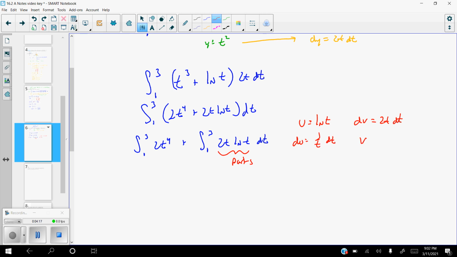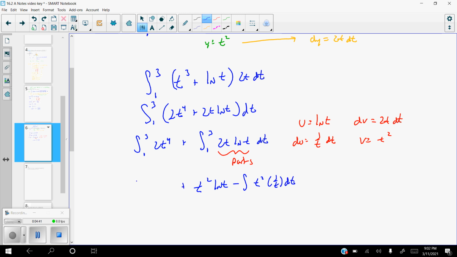And we need v, the antiderivative, so the antiderivative of 2t is t squared. So for our integration by parts, it's uv, so t squared ln of t, minus the integral of v du, so t squared times 1 over t dt.